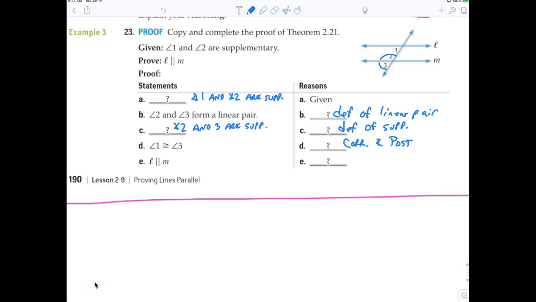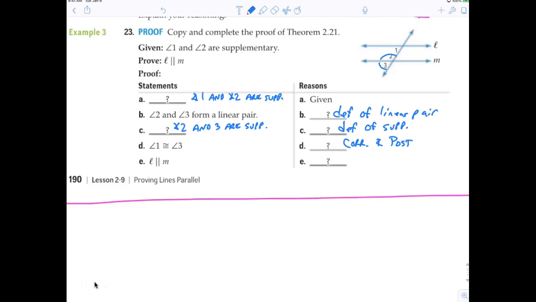Now, why is L parallel to M? Converse of the... No, that's not exactly how we say it. Yeah, there you go. It's the converse. This is what I tried to say yesterday. The converse is when you talk about if the angles are congruent, then the lines are parallel.